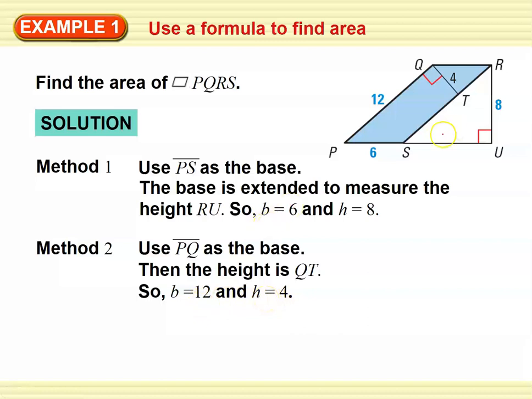Or you could take this base times this height, if you look at it that way, and you've got 6 times 8, which also happens to be 48. So you'll see either way you use it, either base you use, because rotating that parallelogram around shouldn't change how big it is.